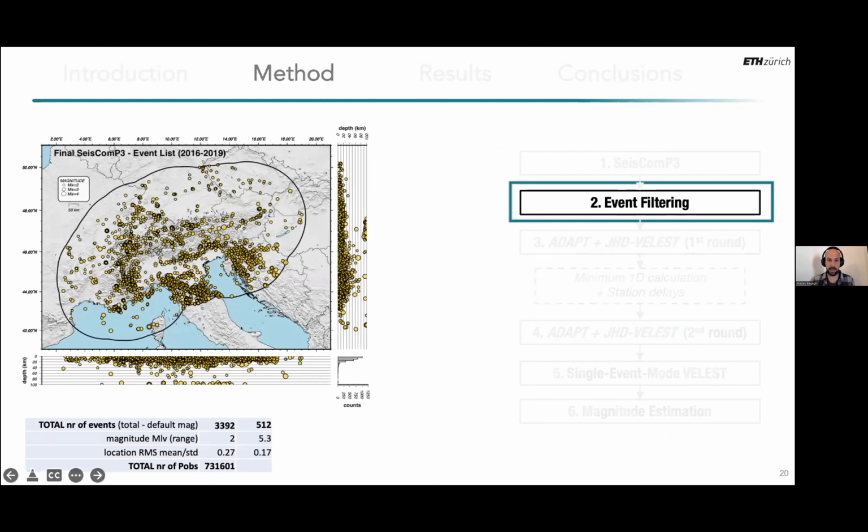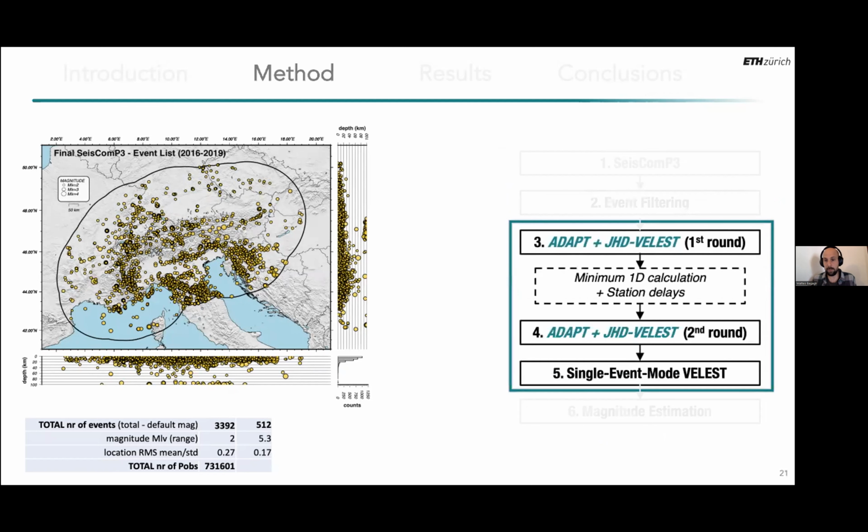by spatially cutting, as you see from the contour line, most of the other events, and based on magnitude, and also based on the data availability at that time period. Then the core of our procedure of refinement of these picks and this location is given by the ADAPT-JHD Velest procedure, done in 2 different rounds, because as you will see, the ADAPT picking system needed an initial prediction of the first arrival pick.